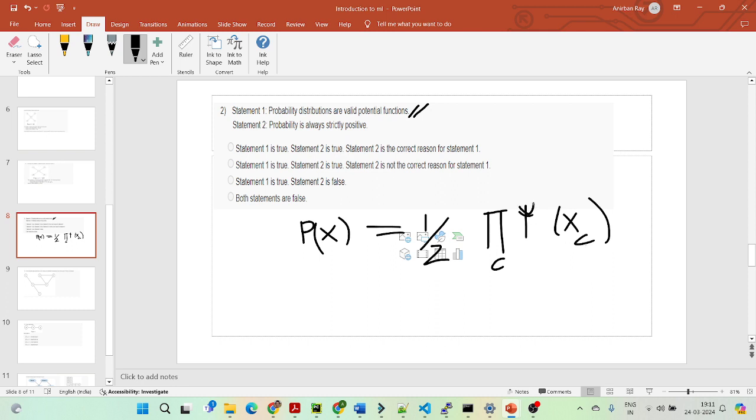This is Z. And probability is not always strictly positive, it can be zero as well. So 1 is true, 2 is false.